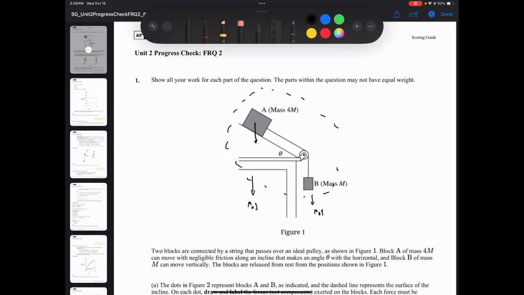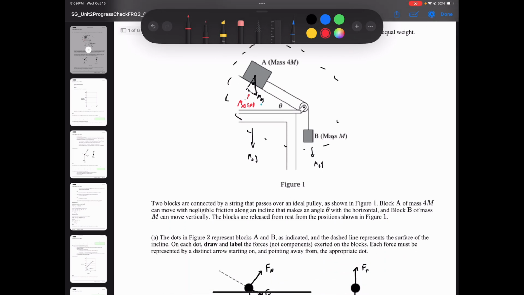So here you're going to have to look at the components that are actually going in the direction of the acceleration. This interior angle here is also theta. This here is the opposite side. So the component that's actually going in the direction of the acceleration is MAg times the sine of theta. And it says here that, does it say what?